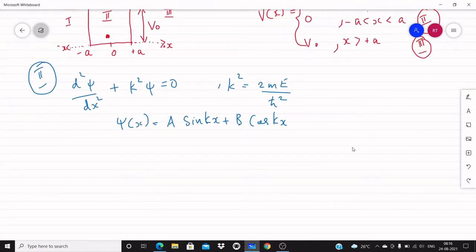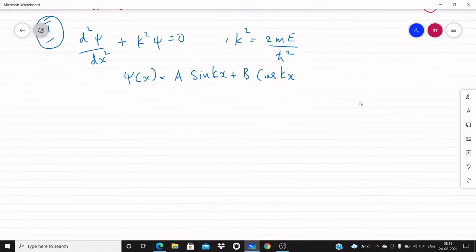Now we have to analyze region 1 and 3. The behavior of the particle in 1 and 3 may look almost the same, because both are a finite wall, or a finite barrier, of height V0.